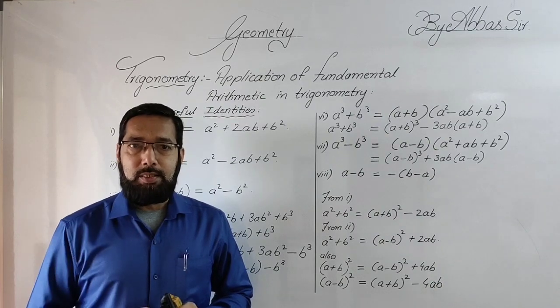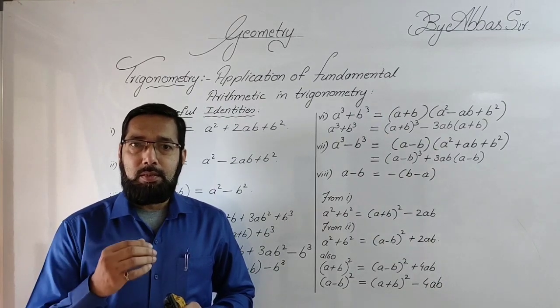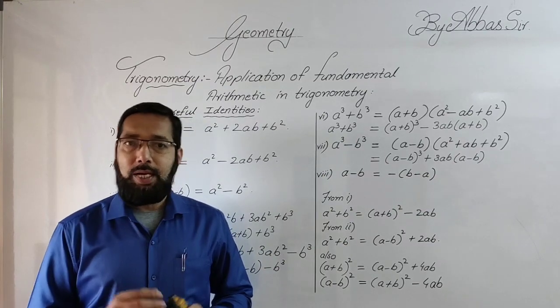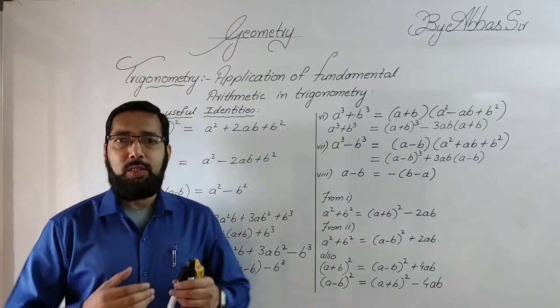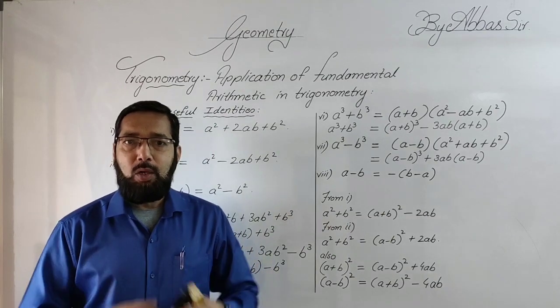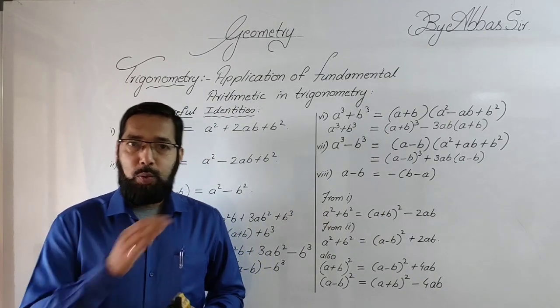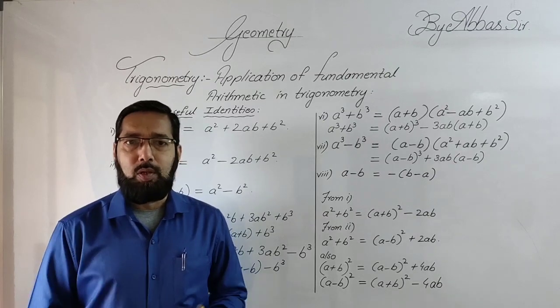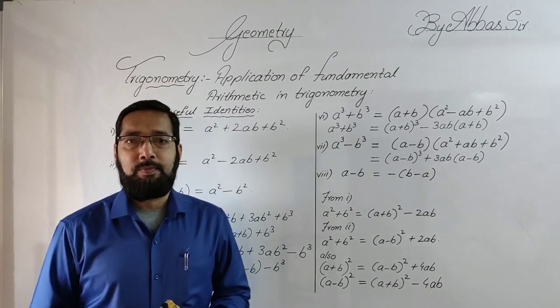Now to understand that, you will see that students feel that this part of the chapter is very difficult. Why? Because they feel that they do not know when to apply which identity, to be used under what situation, under what condition, and so on. All such questions will come to your mind.